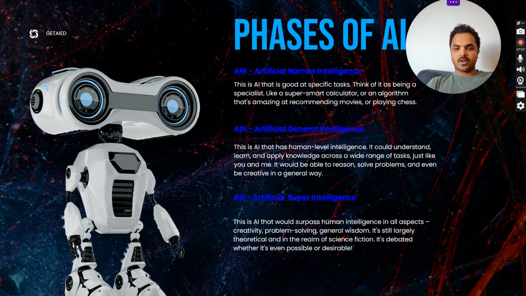But in my opinion, we are already in artificial general intelligence. Artificial general intelligence is when AI has intelligence on par with human level intelligence, where it can understand, learn, and apply knowledge across a wide range of tasks. We can already see that change happening with AI agents.